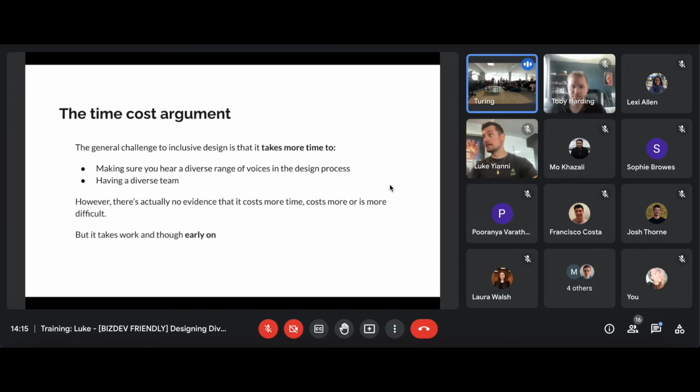What it does take is work, and early on, basically what it's about is making sure that you have these considerations early on during the design process. I think we'll get into how we can achieve that, but a big part of it is the diversity of the team going through that design process as well, and the diversity of thoughts.